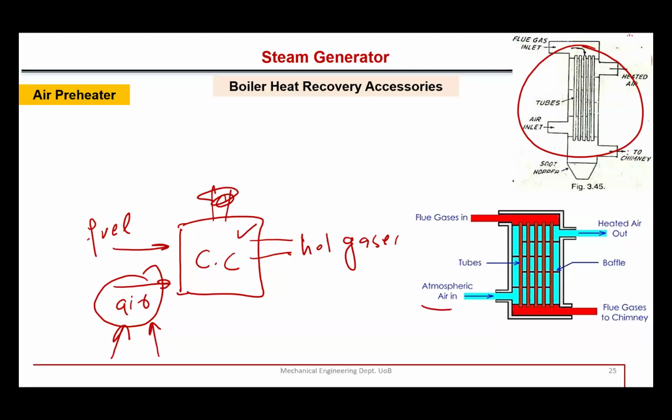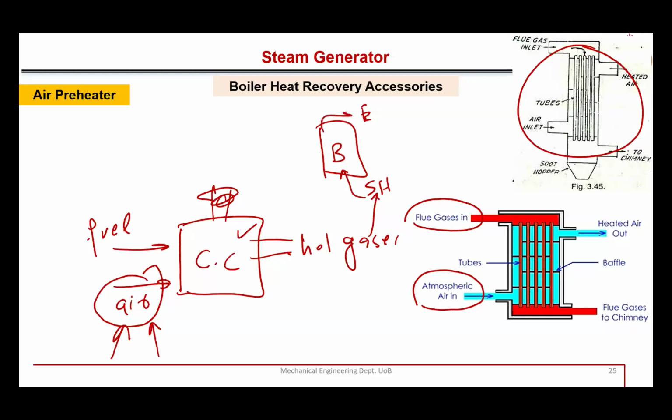So here is the atmospheric air. Now it is made to flow over these flue gases coming from the boiler. Boiler means, again, this boiler has three parts: economizer, boiler, and superheater. The highest temperature of hot gases goes to the superheater, then the boiler, and then the economizer.